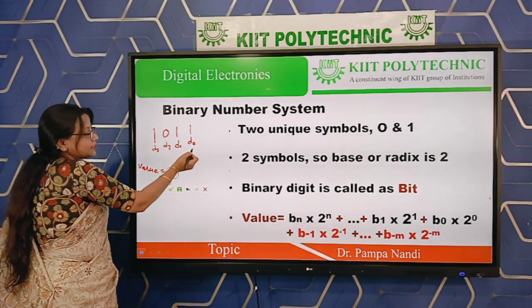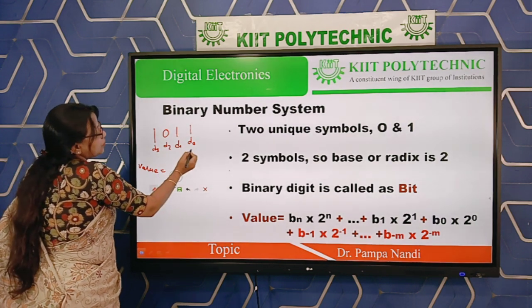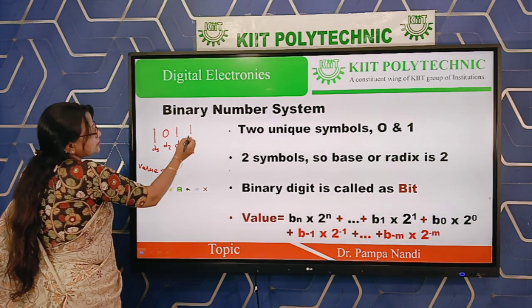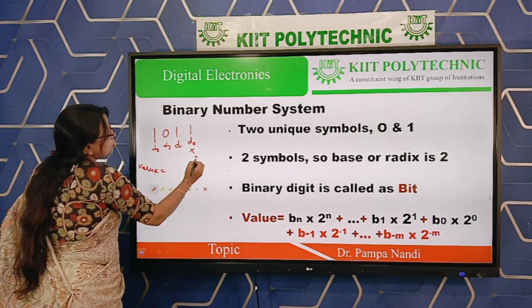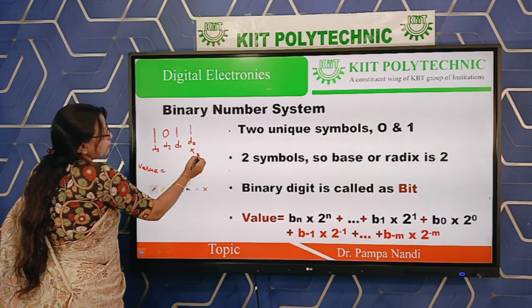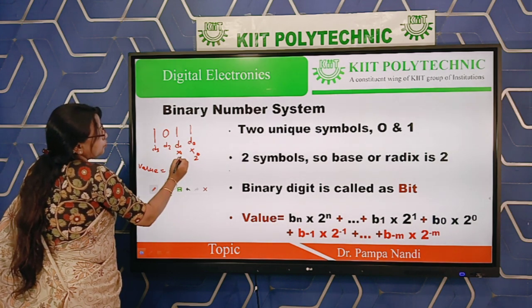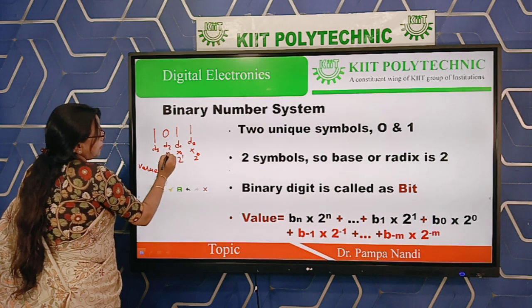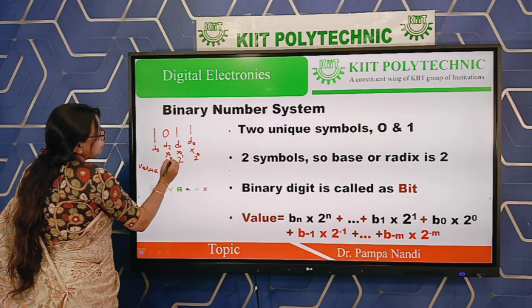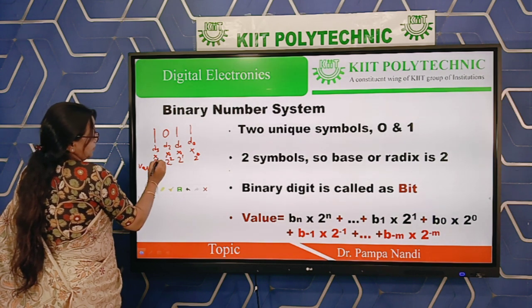Every digit is multiplied by its weight. So what is the weight? The base is 2 and the weight should be calculated as 2 power 0, 2 power 1, 2 power 2, then 2 power 3.